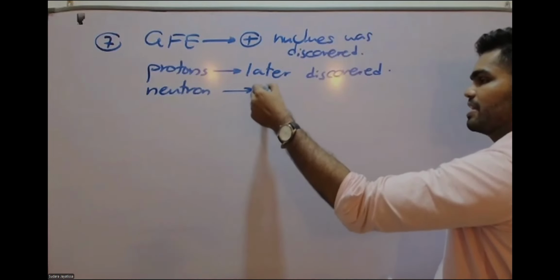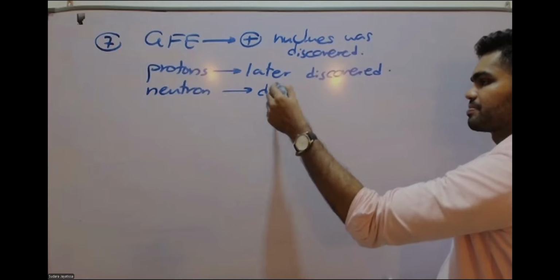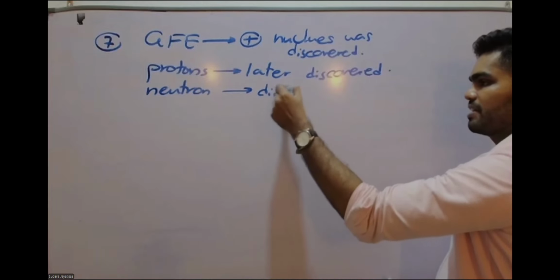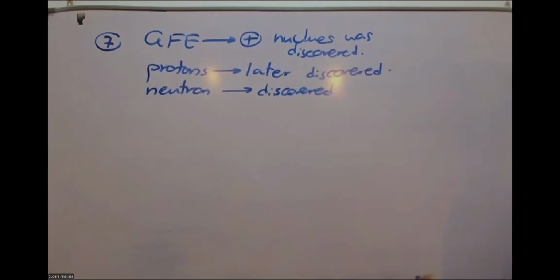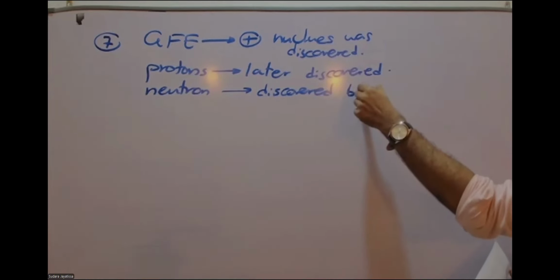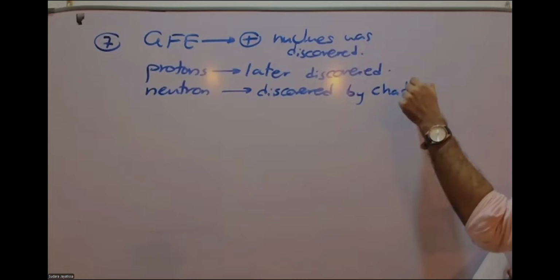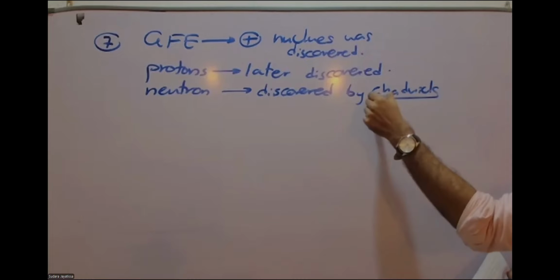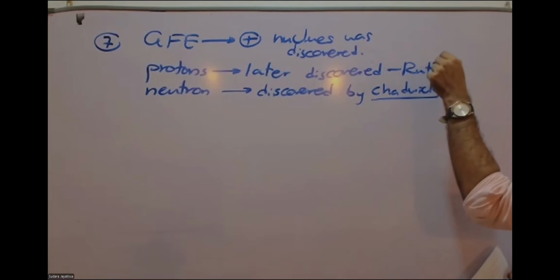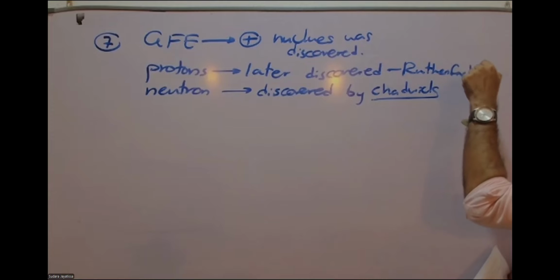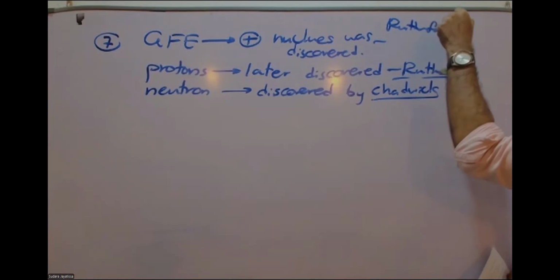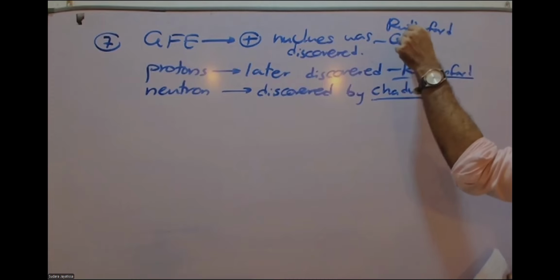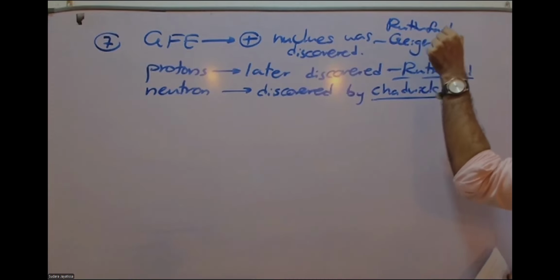The neutron was discovered by Chadwick. Here Chadwick, here Rutherford, Geiger, and Marsden.